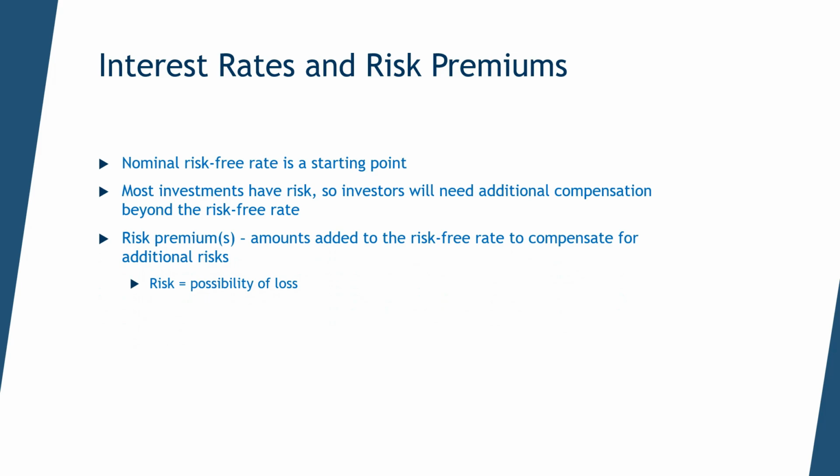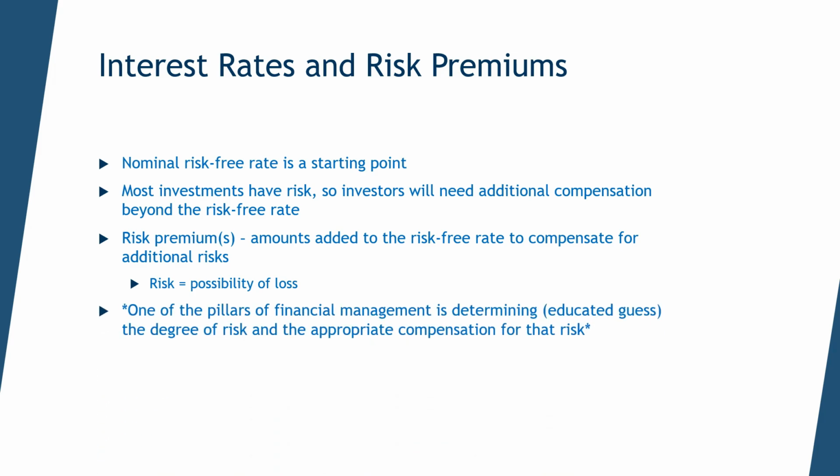And that's really the key, we're trying to figure out what that additional compensation is. When we think about risk in the most general sense, it's just the possibility of loss. And this is really what financial management is all about in a lot of ways, trying to figure out the degree of risk in an investment and the relevant rate of compensation that needs to go with that.